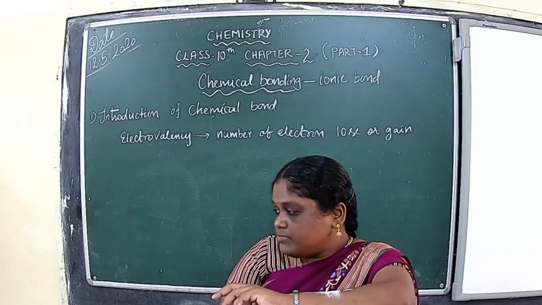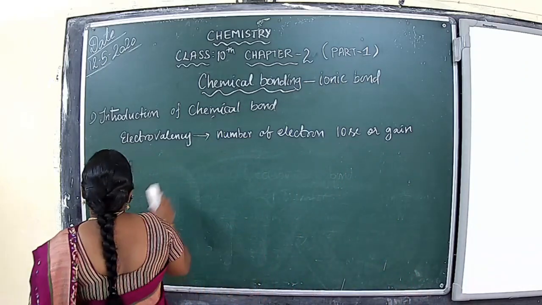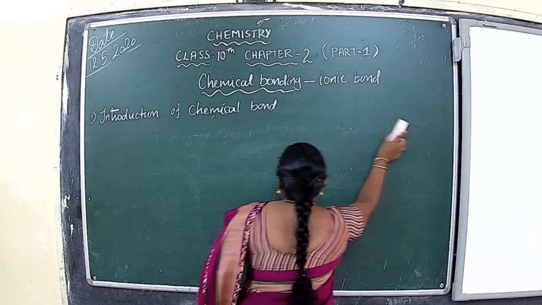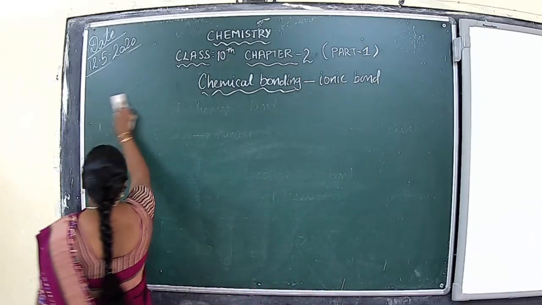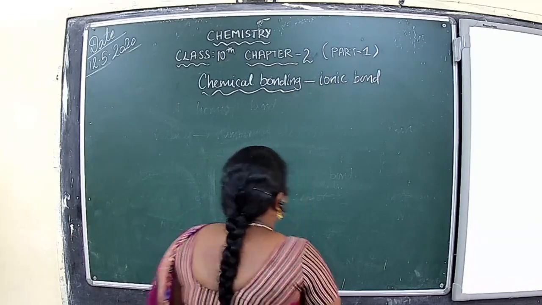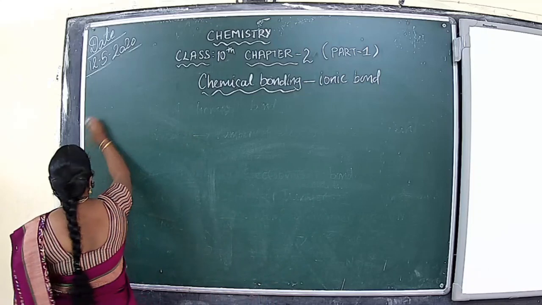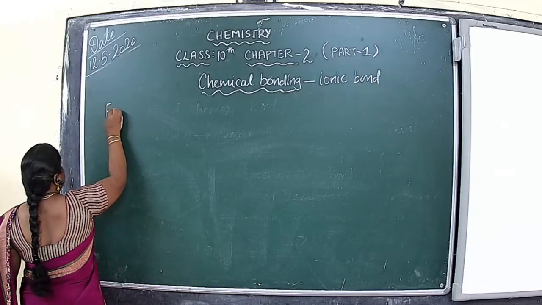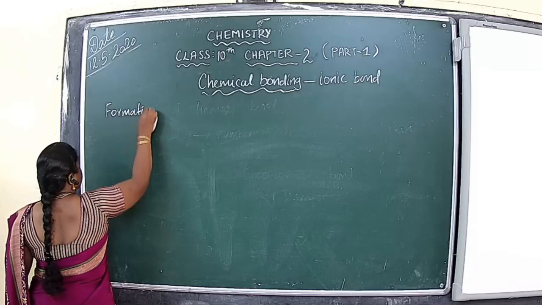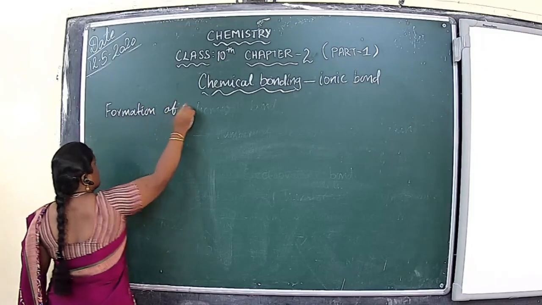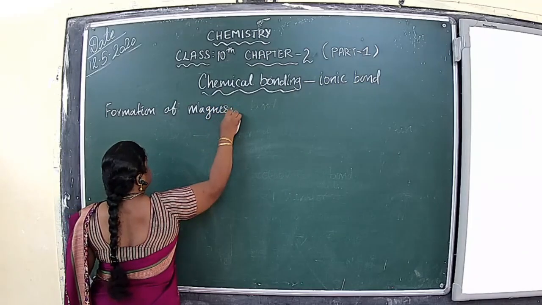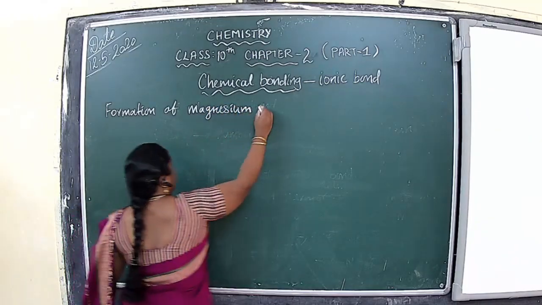First example, we already know the formation of NaCl. Now we are going to see the formation of magnesium chloride.